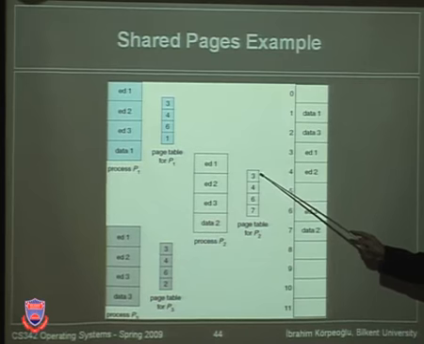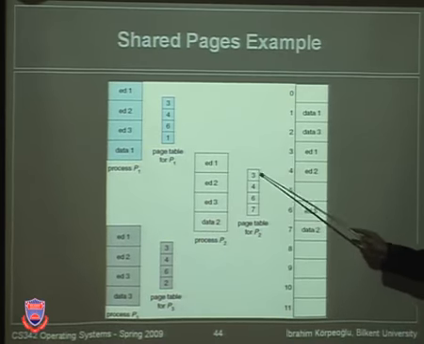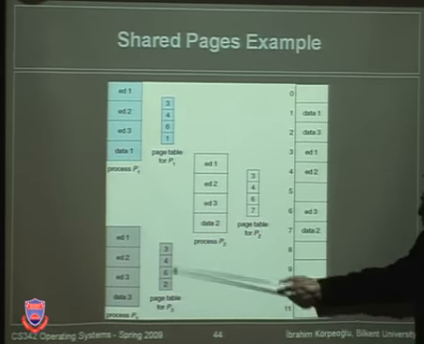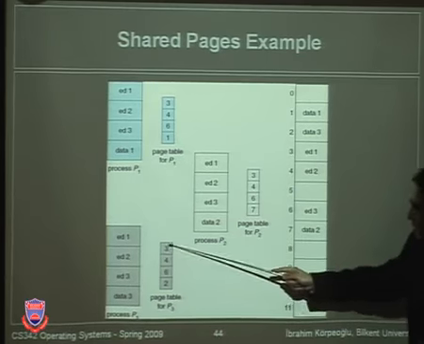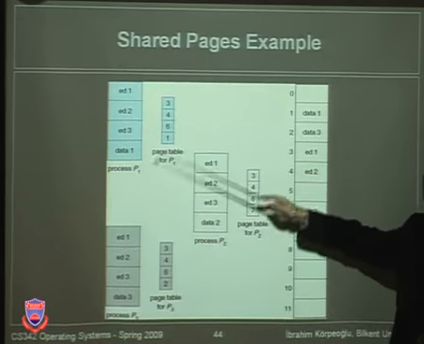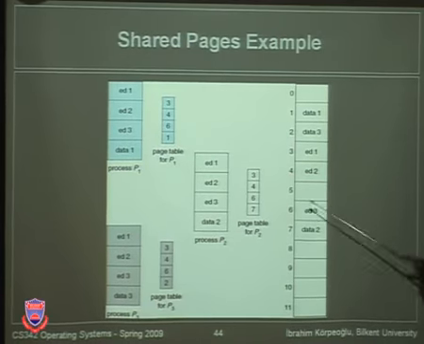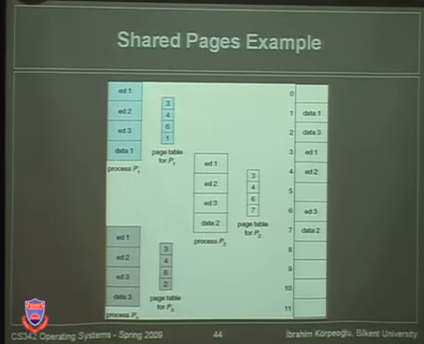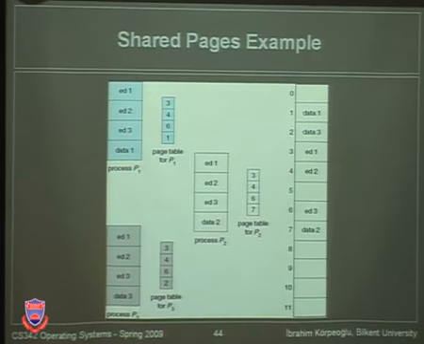So the page table of that is pointing to frames 3, 4, and 6. Okay, 3, 4, and 6. The page table of that, the first 3 pages are pointing again to the same frames. Here again, the first 3 pages are pointing to the same frames. In this way, these processes are sharing these 3 pages that include the instructions of the program.